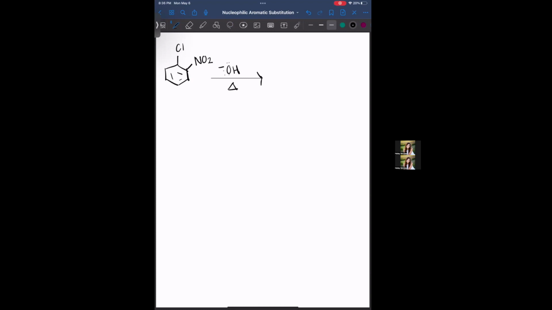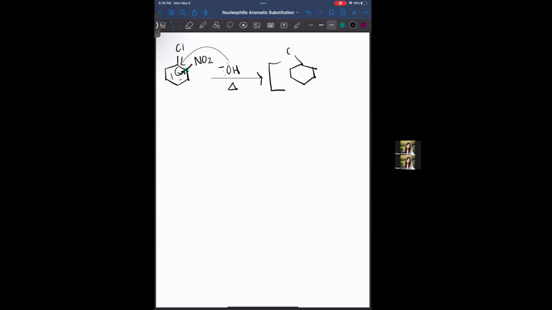So the electrons on this OH are going to attack at that same position that we have our Cl. And then these electrons are going to push over to that position, to this carbon is where our electrons are going to go. And then we're going to end up with what's known as our sigma complex.